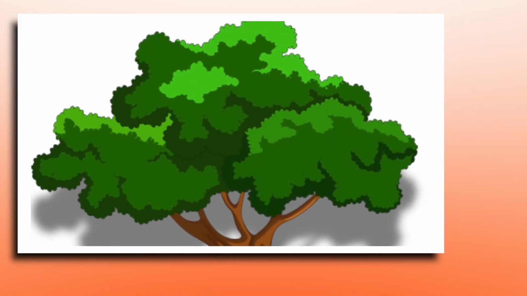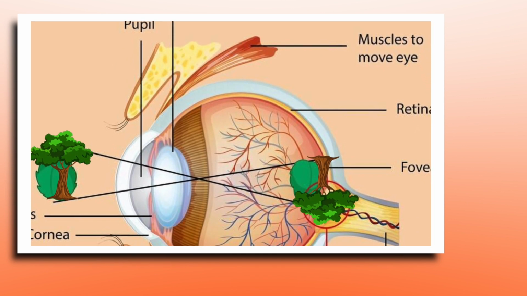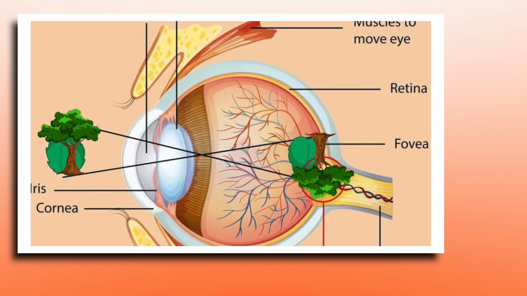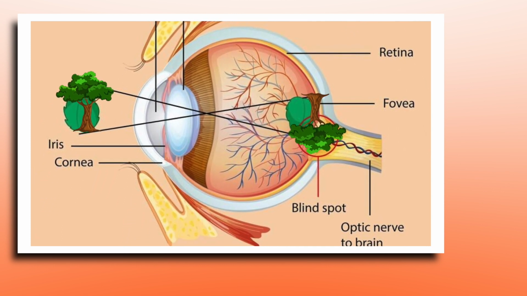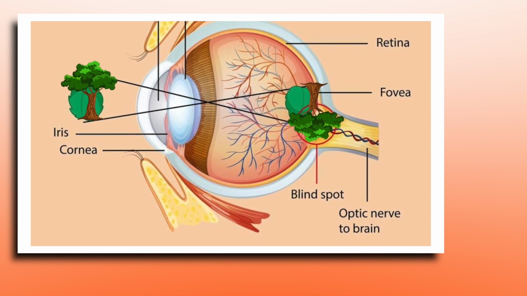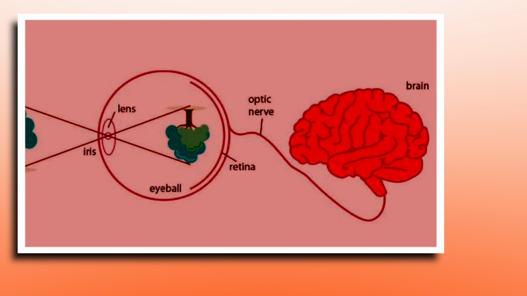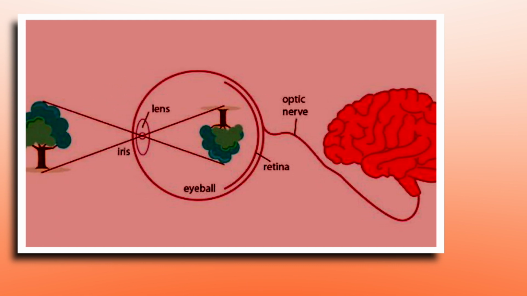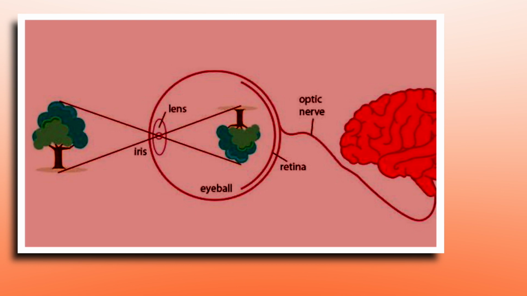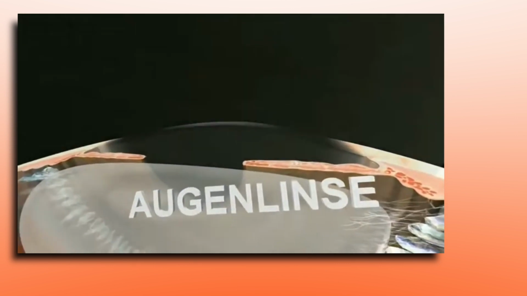On the retina, it is upside down, inverted. From the retina, it goes through the optic nerve into the occipital lobe of the brain. This is when it again comes back to the original object that you have been seeing.